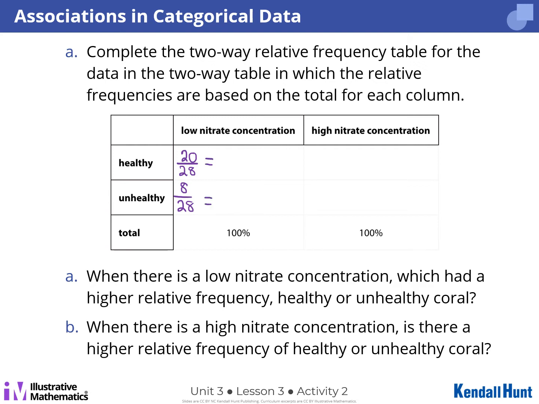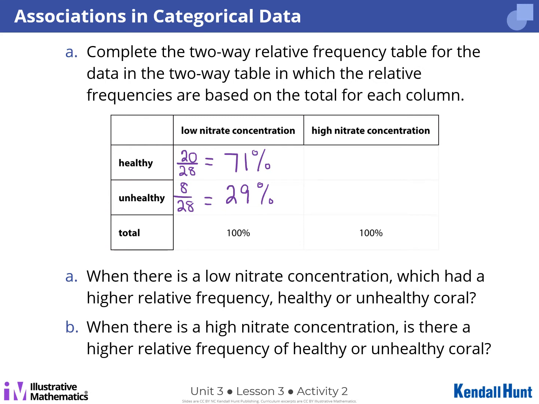So 20 divided by 28 times 100 is 71%. Our unhealthy frequency is 8 divided by 28 times 100, which will give me 29%. If I do 71% plus 29%, that is my 100% total.